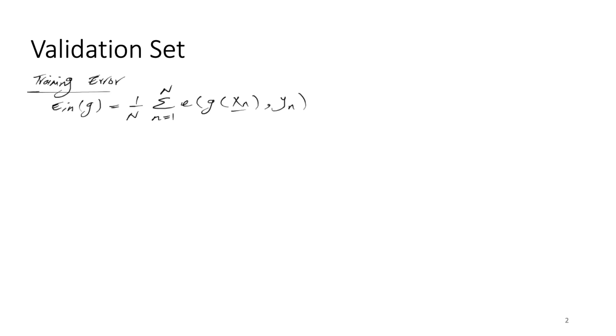Okay, let's get started. So let's talk about validation set. What exactly is a validation set? So say you have your big data set, which contains the distribution of all x's. I'll show it with capital X, right? You have many points.